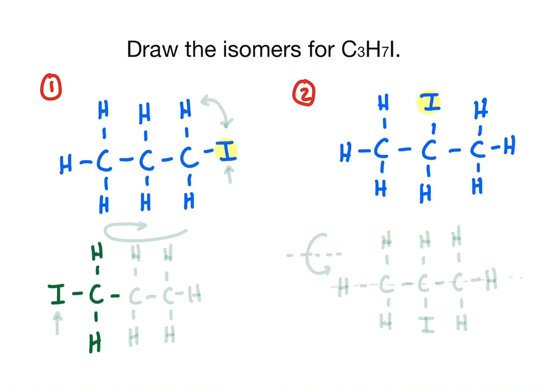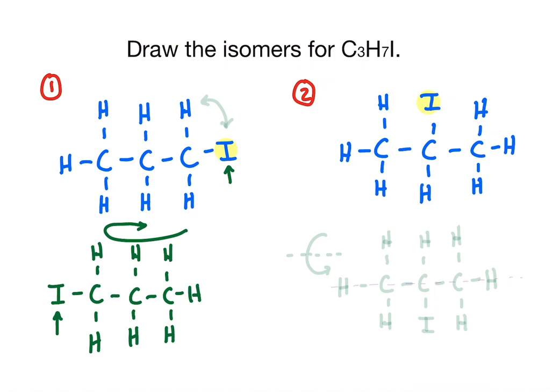And then we'll continue our backbone and fill in the rest with hydrogens. So we still have the same formula, C3H7I, but instead of having the iodine on the right, we have it on the left. But if we flip the molecule, this is going to be identical.